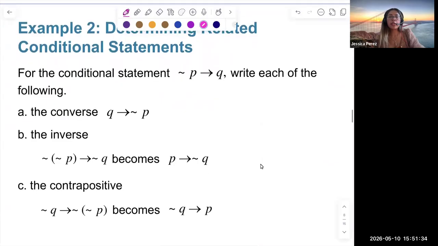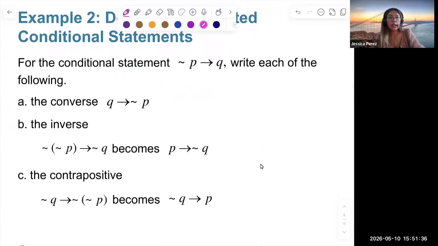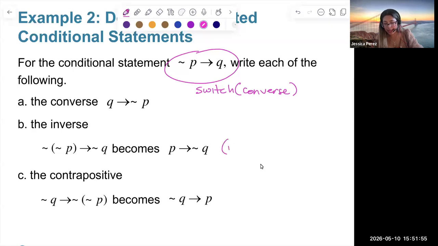For a conditional statement, not P implies Q, the converse of that conditional statement would be you just switch them: Q implies not P. So you begin with the original statement. If you want to find the converse, you switch. If you want the inverse, you negate each part of the statement.